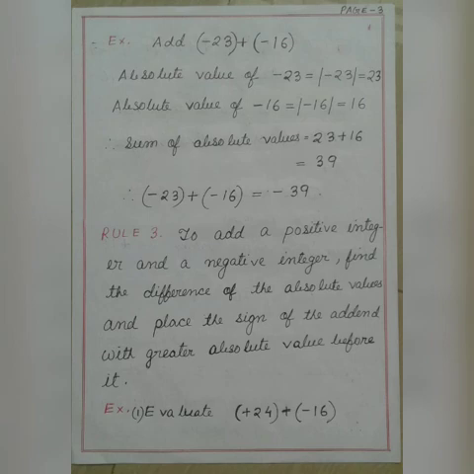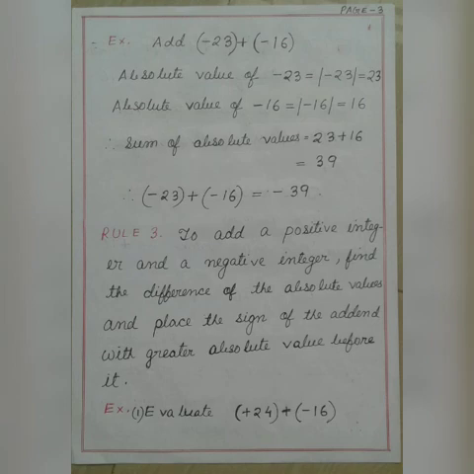Now we shall add these 2 absolute values, that is 23 plus 16, which is equal to 39. Because both the integers are negative, we shall put a minus sign before 39. Therefore, minus 23 plus minus 16 is equal to minus 39.